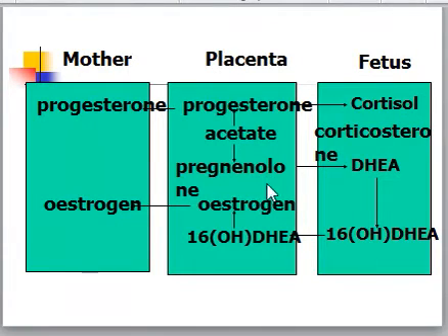The pregnenolone from the placenta and fetal liver forms a substrate for the following substance in the adrenal gland of the fetus: DHEA, which means dehydroepiandrosterone sulfate.